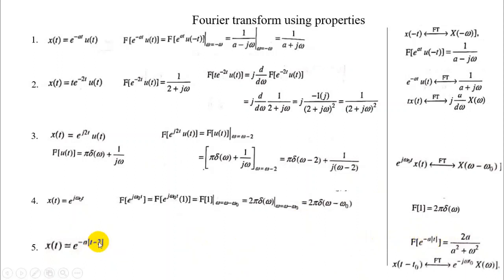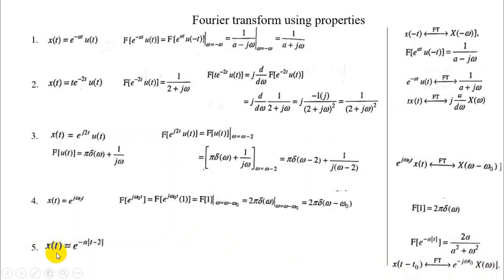So in comparison with that, we should use the property of time shifting. This is the property I already discussed in previous videos, that if you have x(t minus t naught), the Fourier transform would be e to the power minus j omega t naught multiplied with X(omega), where X(omega) is the Fourier transform of x(t).